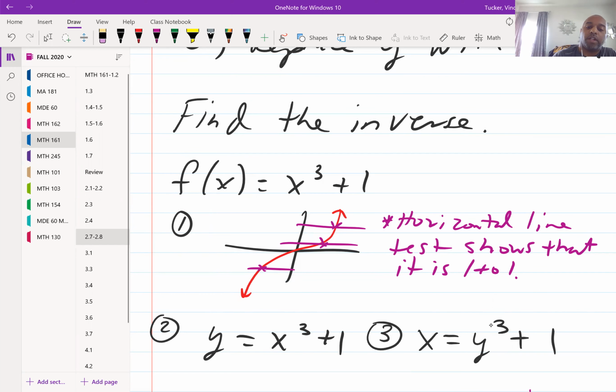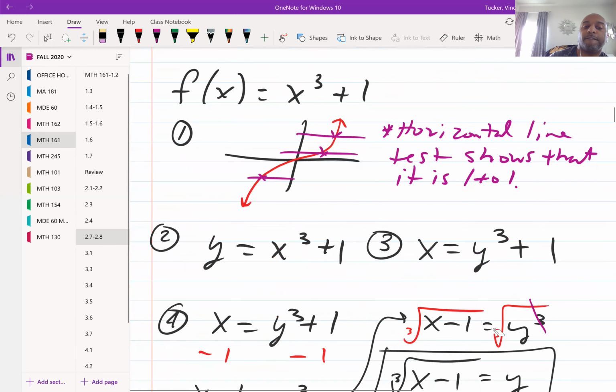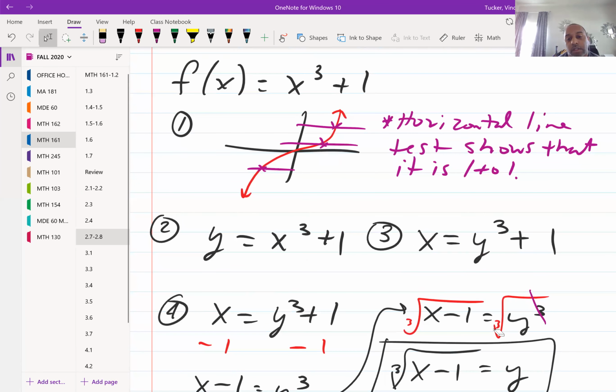Step 3 is to interchange x and y. So notice where x was, y is now, and where y was, x is now. And I'll scroll up more in a second, but step 4 is to solve for y.